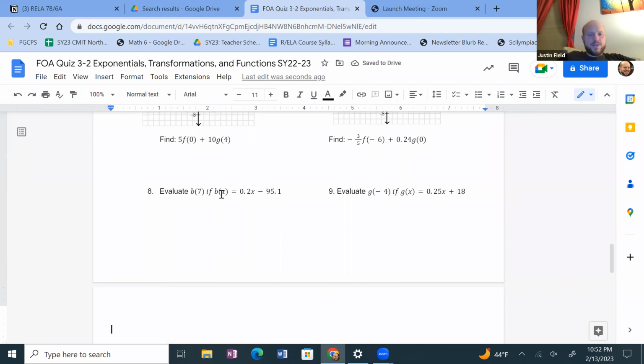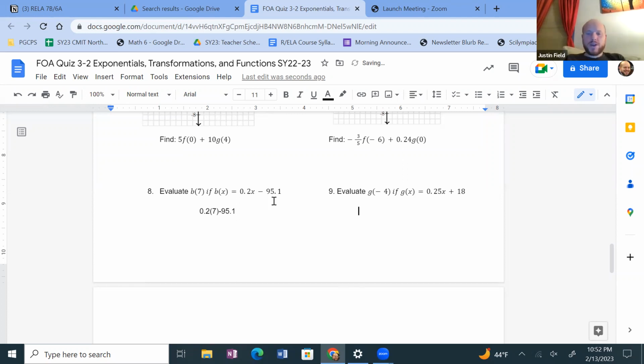So b of 7, if b of x equals 0.2x minus 95.1. So that would be 0.2 times 7 minus 95.1, and you just calculate that.